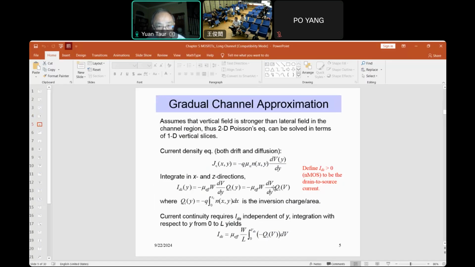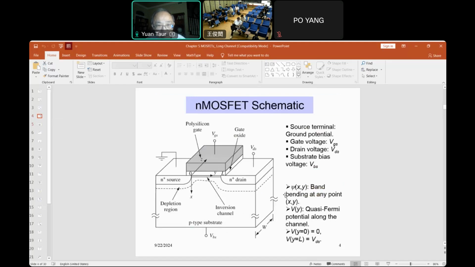So based on this equation, once we define this immersion charge per area, we can multiply the dy over and then integrate on both sides. This charge is a function of y, but we can also consider the immersion charge as a function of V, because V is a function of y.